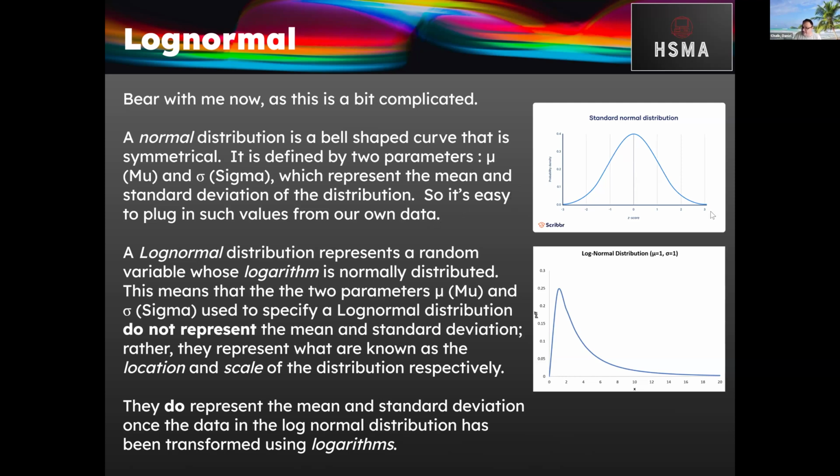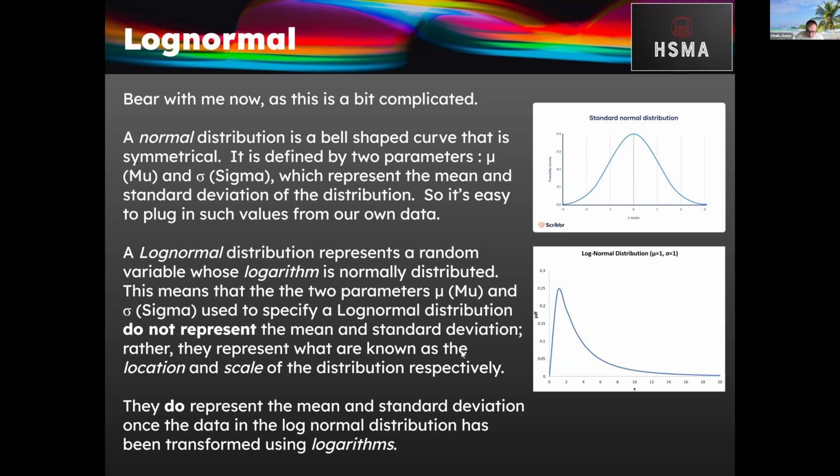That means normal distributions are really easy to work with. Let's say we were using a normal distribution to represent time with a nurse, we'd simply say, well, on average, they spend 6 minutes with a nurse and the standard deviation is 2. And we could just plug that straight into a normal distribution and use that. Unfortunately, though, normal distributions are not that useful for what we're doing. So we'll come back to that in a second.